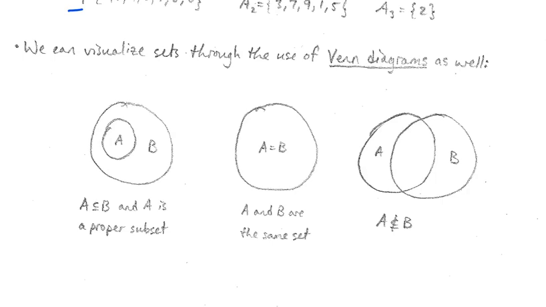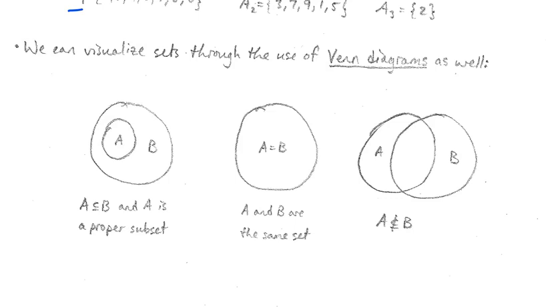Here we have a little circle A inside of a larger circle that represents set B. Obviously, everything that's in the small circle is also inside that large circle. So A is a subset of B, and we have some space between the small circle and the large circle, so A is a proper subset.